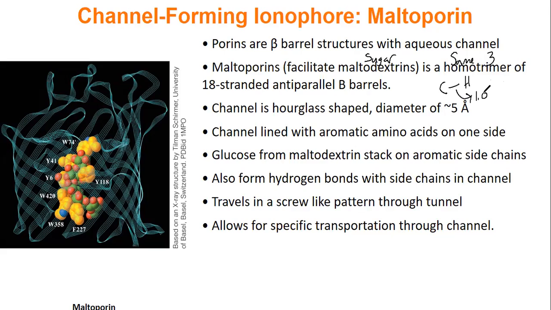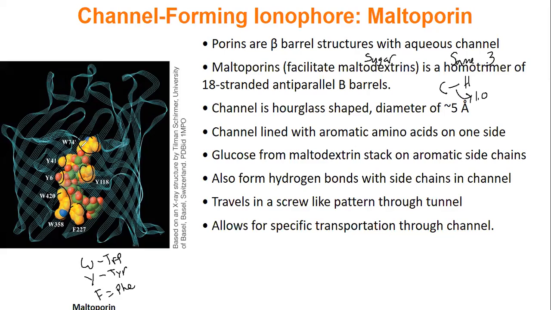And this maltoporin has a bunch of aromatic amino acids. So remember, in case you've forgotten, since it's been a long time since we talked about amino acids, W is tryptophan, Y is tyrosine, F is phenylalanine, right? And so this yellow here, we have a bunch of hydrophobic amino acids lining this channel, which makes a lot of sense, right?